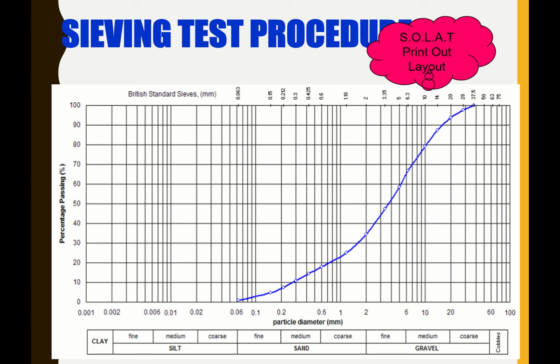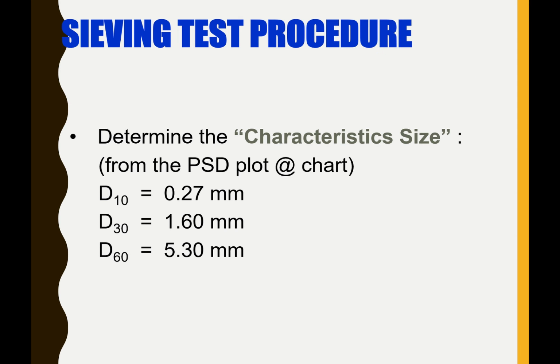For yesterday's exercise, we concluded that this data, when we refer to British Standard, gives the name of the soil as gravel, because gravel is the dominant composition. But before we conclude the exact name of this soil, we must do what we call the characteristic size.